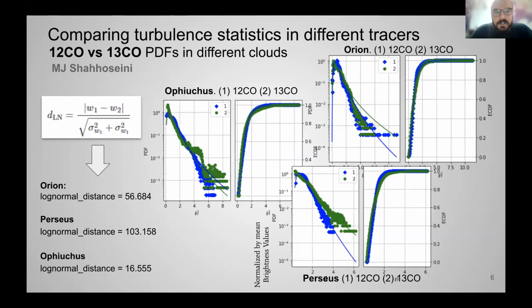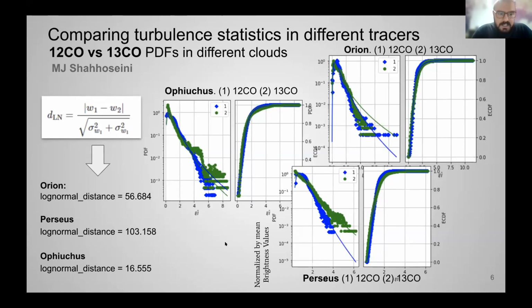In the second slide, you saw how 12CO is tracing brighter regions. It shows values 10 times brighter than 13CO. So we can see how turbulence statistics can vary and change between these two different tracers.